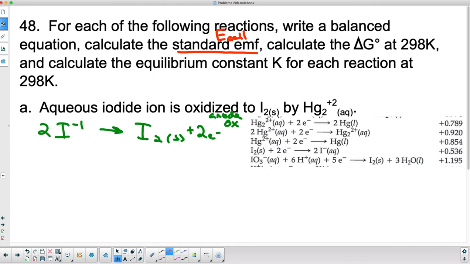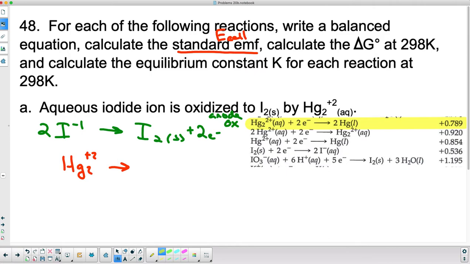The reduction then says Hg is oxidized to Hg2 with a +2. So I'm looking for that. Now here's what I do. If I'm confused as to where Hg goes to, I look at Appendix E, and this is the half reaction, the only one that has an Hg2 with a +2.